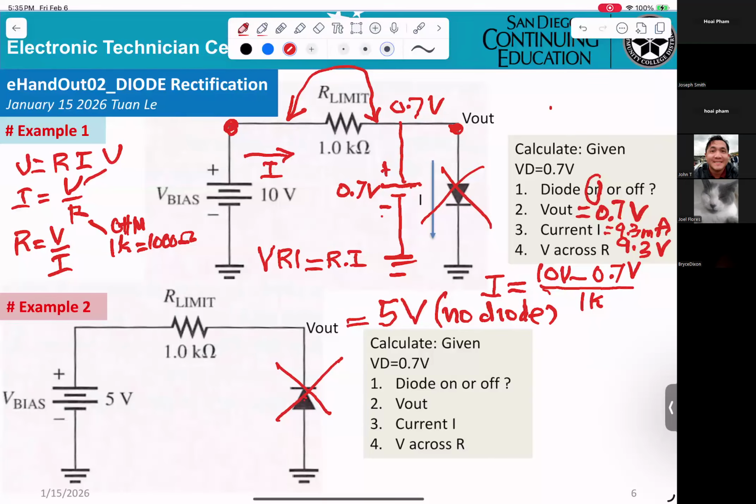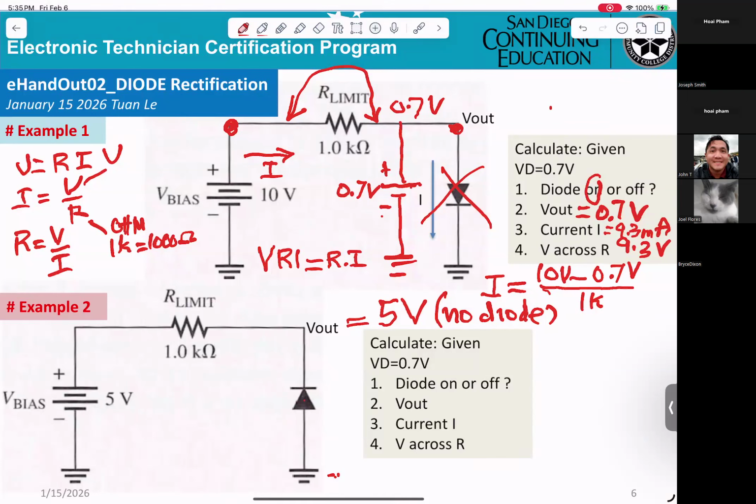Okay? So now you come up with whether the diode is on or off. You get 5 volts on this side, and on the other side you get ground.